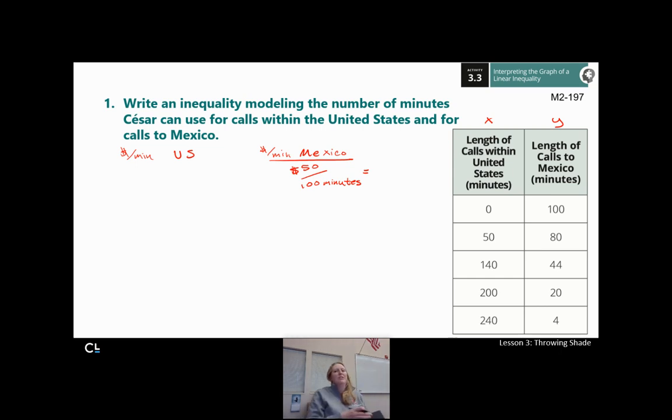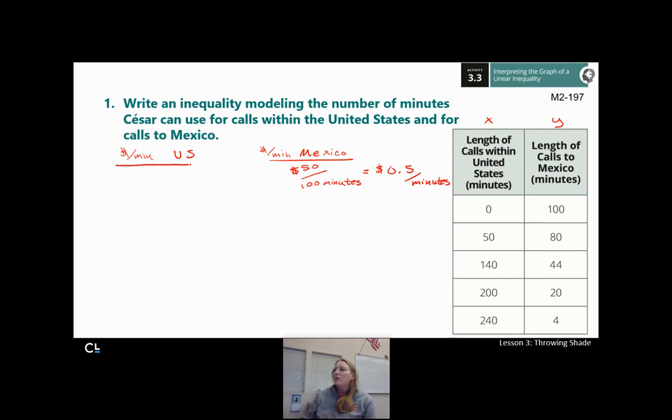So I'm going to do 50 divided by 100, and it looks like I got $0.5 per minute. So when making phone calls to Mexico on this prepaid calling card, it's going to cost about 50 cents a minute.